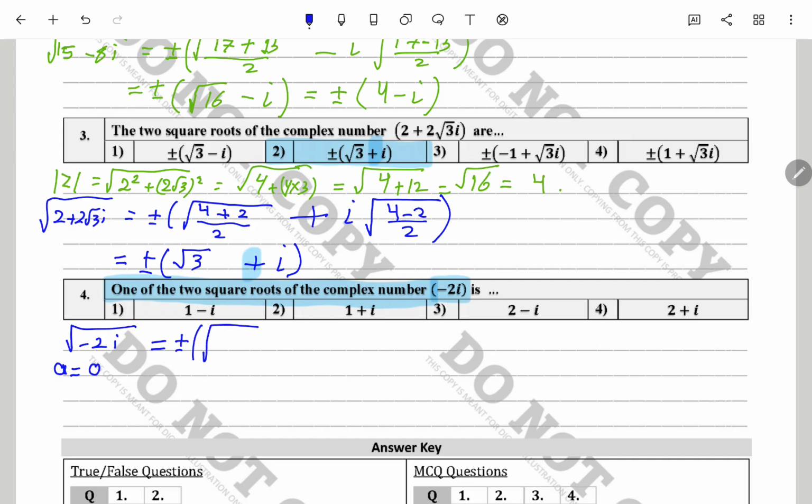Open a bracket like this and write under the root 0 instead of r plus, no, we are going to write r. r is going to be 2 because the modulus for this is 2. So you can start by writing 2 first, instead of r, plus the 0, divided by 2, and that will give you 1 finally.